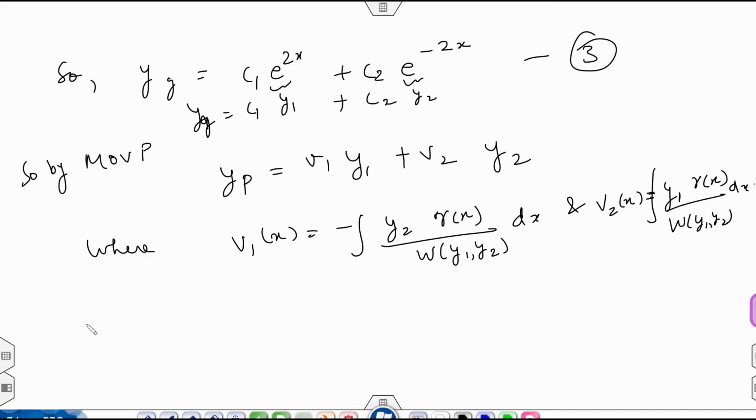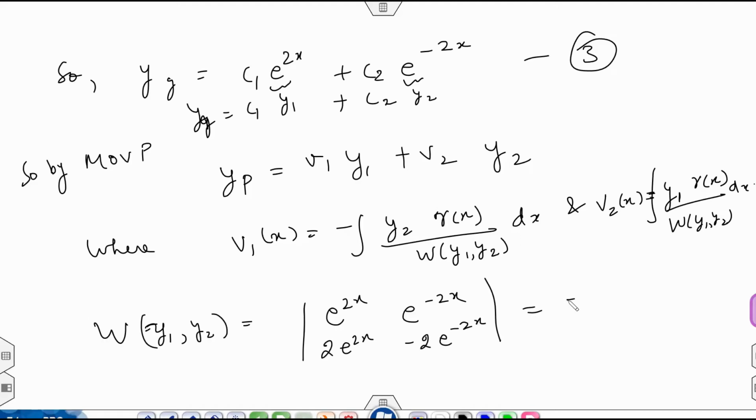So now first of all let us find the Wronskian. You can see that easily my Wronskian is minus 4. So now our next aim is to find v1 and v2 with the help of these two formulas. So let us find out.